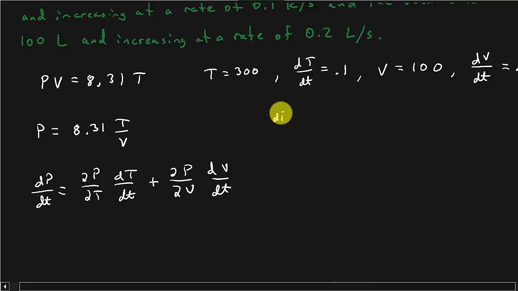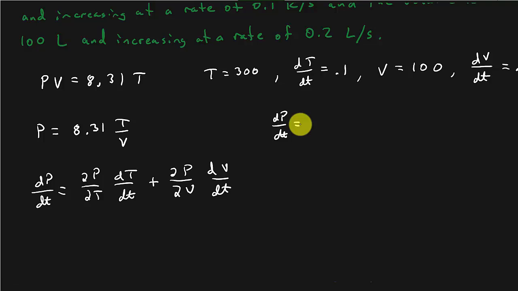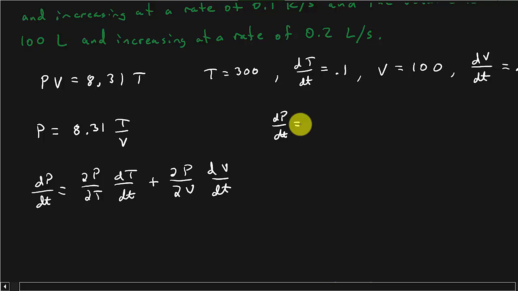So I've got dP dt is the derivative of P with respect to T. Okay. The derivative of P with respect to capital T. So capital T is my variable, right? That's my variable. So that's going to be 8.31 over V. Remember, T is my variable.